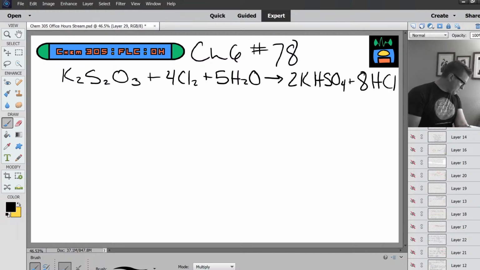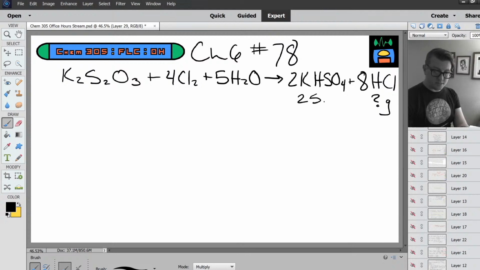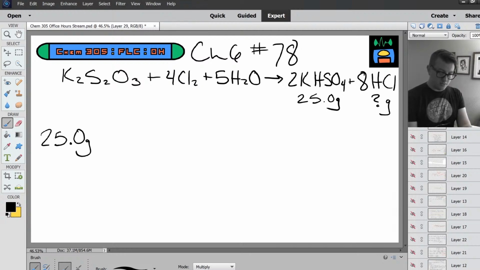Okay, and we are asked to determine the grams of hydrochloric acid that would be produced if 25.0 grams of potassium bisulfate is produced at the same time. All right, so classic stoichiometry. We've got 25.0 grams of potassium bisulfate.